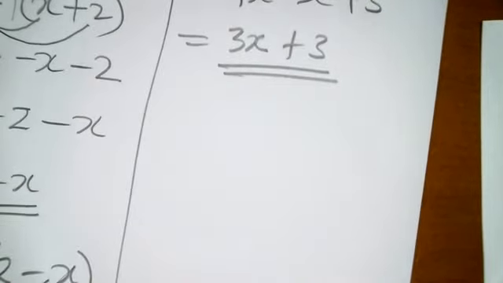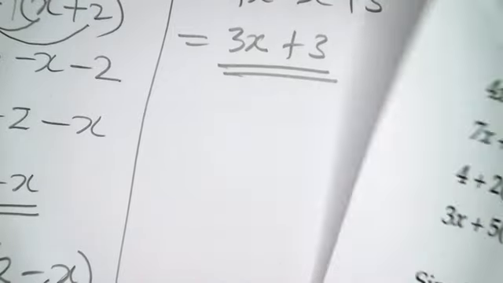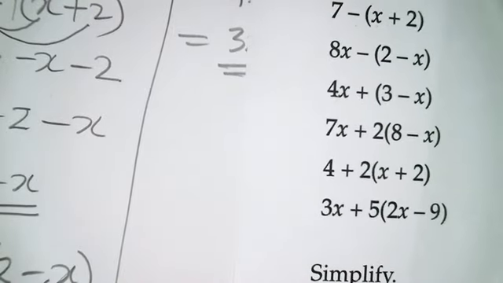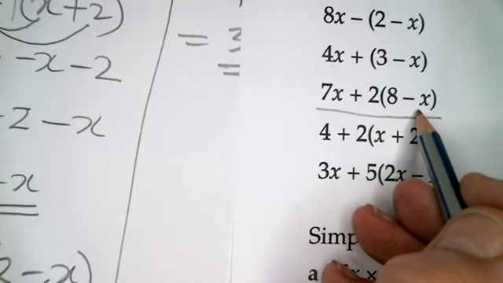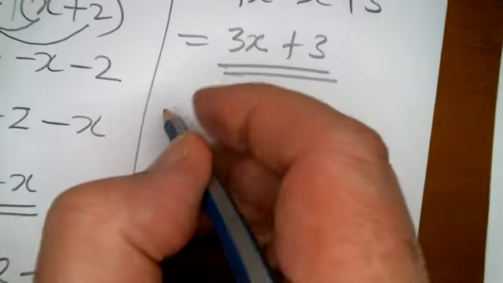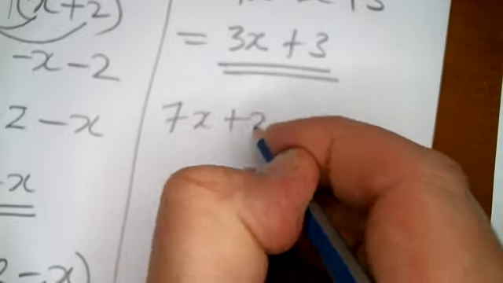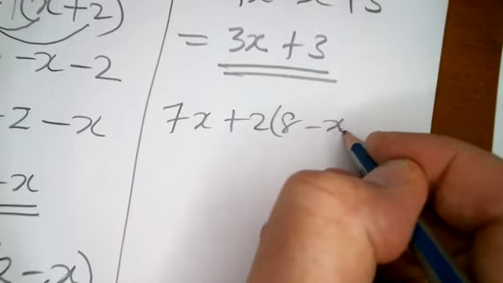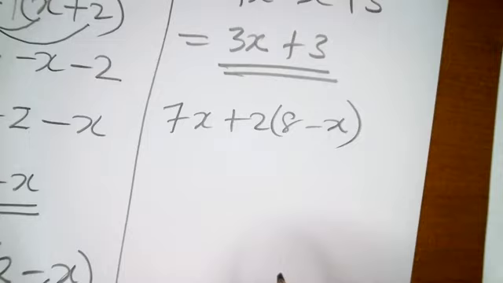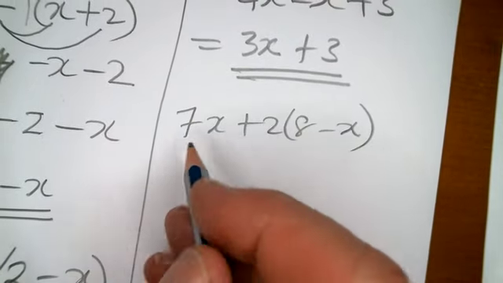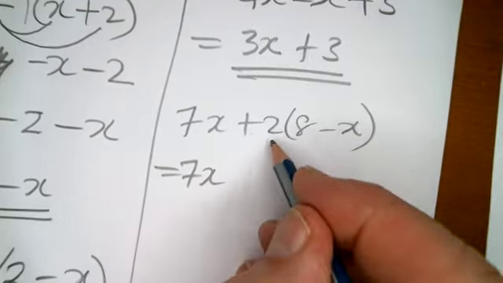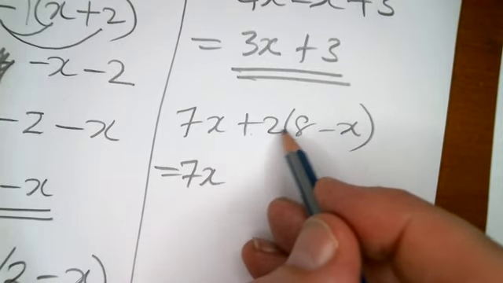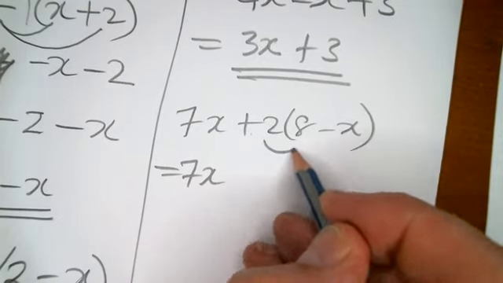All right. What about this next lot? Oh, crikey, some good ones here. This one here: 7x plus 2 times (8 minus x). Now I've got to set that equals 7x, there's a 7x, and now it's actually a 2 times 8.